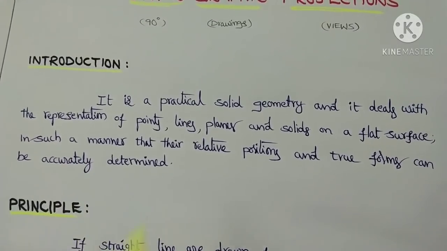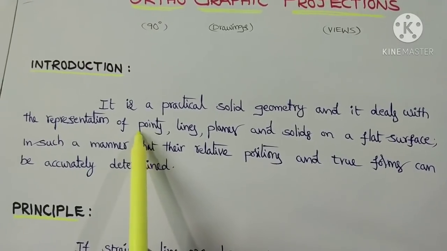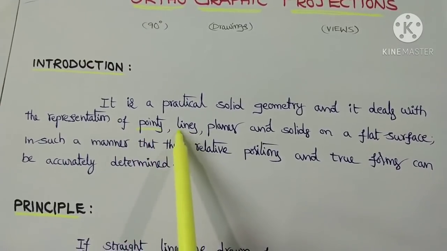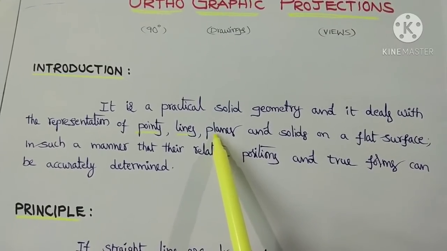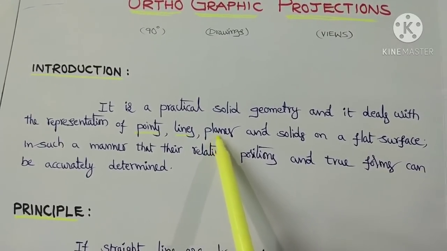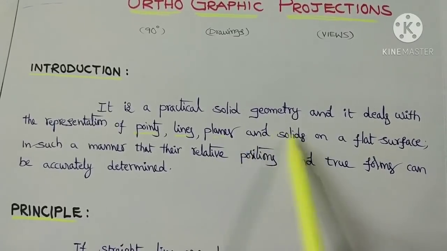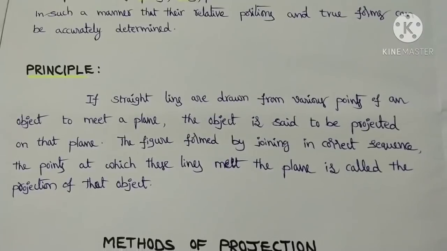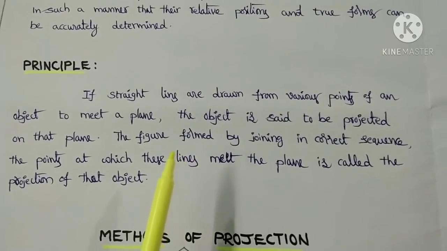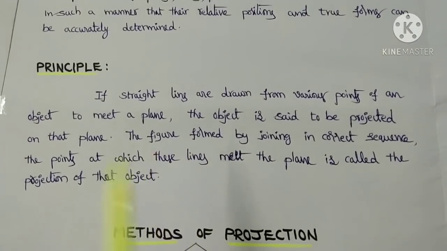In this particular unit we are going to solve problems on points and lines. In another unit we will be discussing planes and solids, that is the third unit. Now let us move to the principle of orthographic projections.